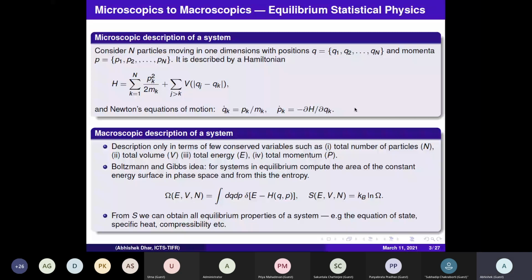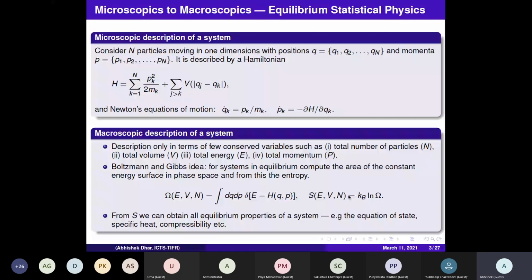And then for the macroscopic description, what you need is the area of this constant energy surface, which I denote by omega. You integrate over all phase space, but restricted to this constant energy surface. That's the delta function. And once you know the area, the entropy function is given by log of this omega. So this entropy is a function of total energy, volume, and number of particles.